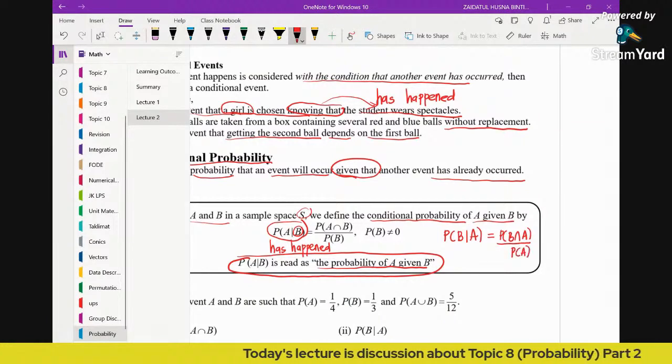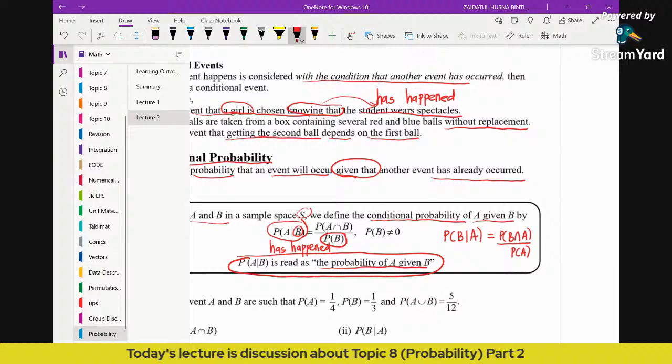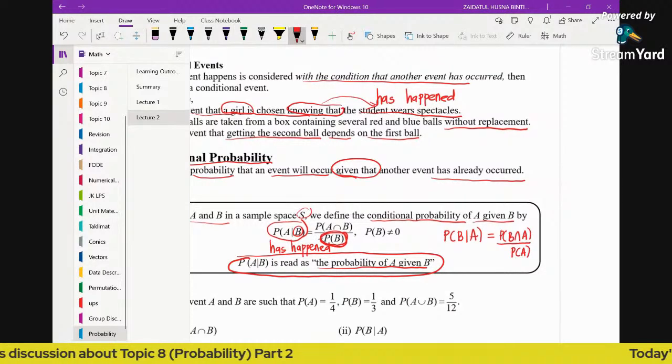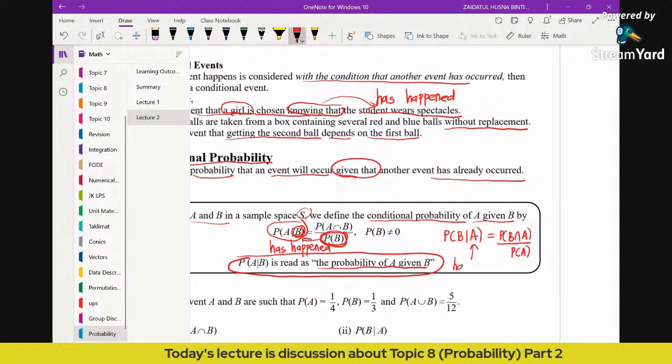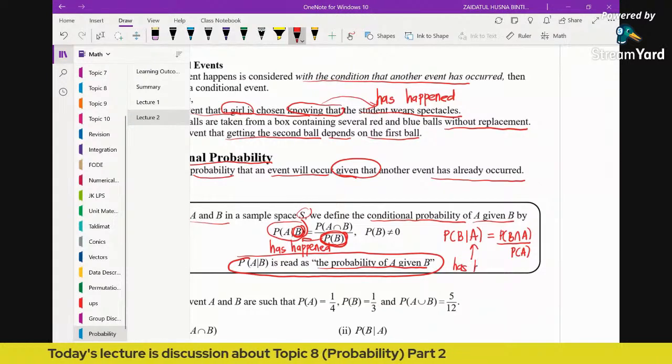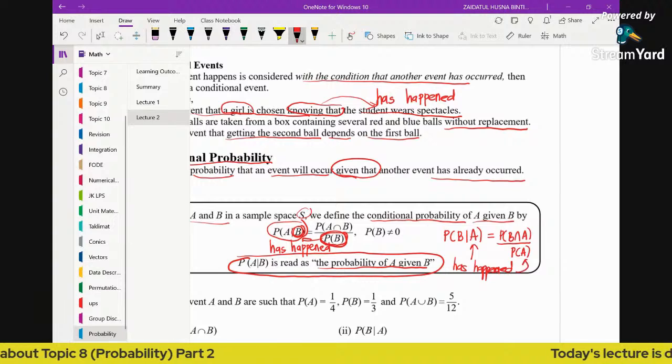Bear in mind that the probability in the denominator is the probability of the event that has already happened. Since event A has happened, the value in the denominator will be the probability of event A.